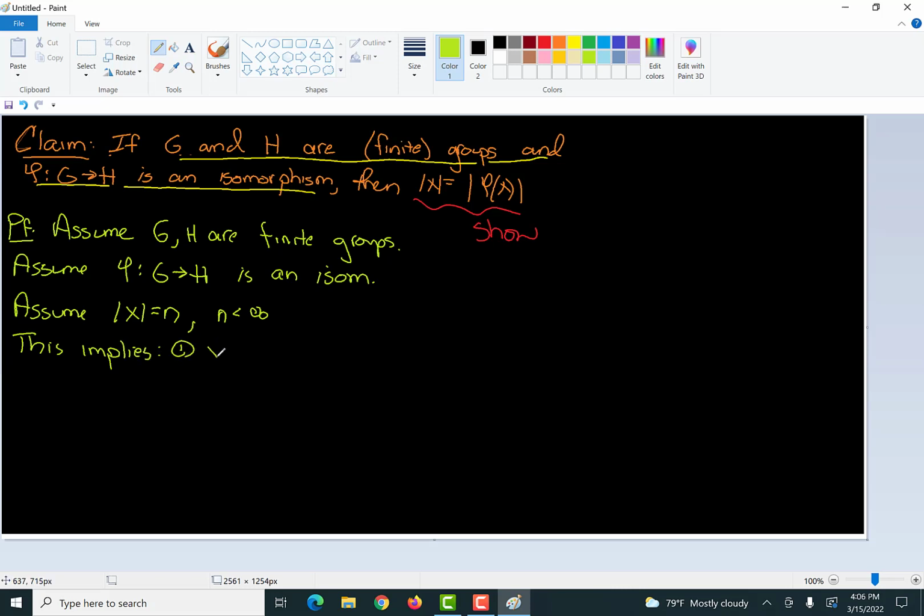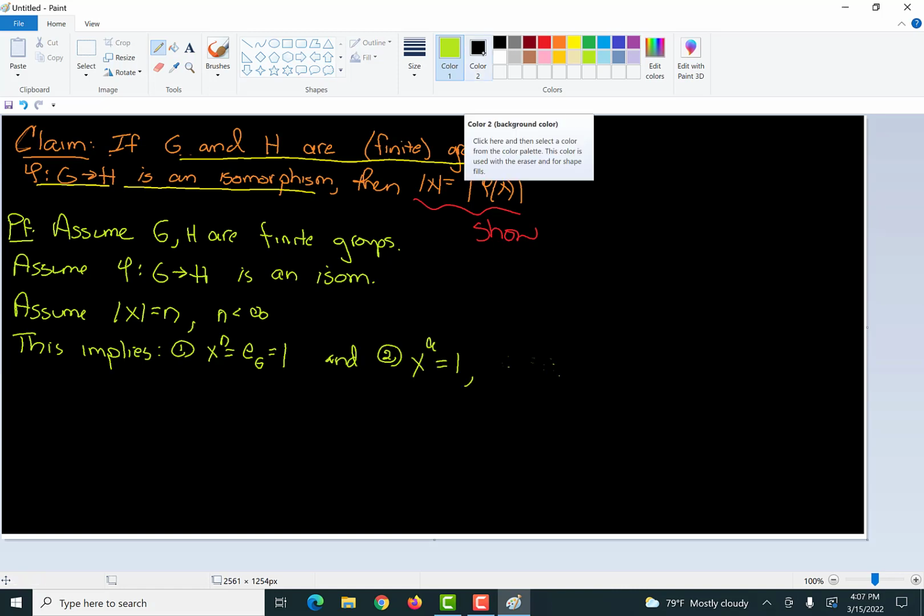Number one, it implies that x to the n is equal to the identity in G, or if you want to just call it 1, I'm totally cool with that. And if x to the a equals 1, in other words, if there's some other power that also gives us the identity, we know that n is the smallest, so n is less than or equal to a.